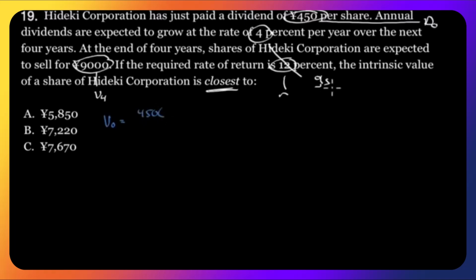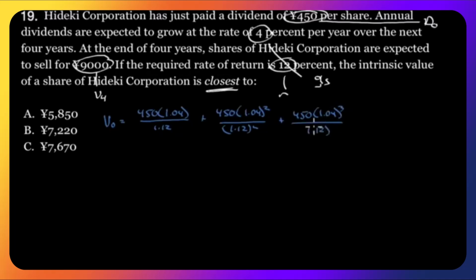What's my short-term growth rate? 1.04 over, my R is 1.12, plus 450 times 1.04 squared over 1.12 squared, plus 450 times 1.04 cubed over 1.12 cubed, plus 450 times 1.04 to the 4 over 1.12 to the 4, plus, I don't have to calculate Vn, I'm just given 9,000, and I discount that back, 1.12 to the power of 4.